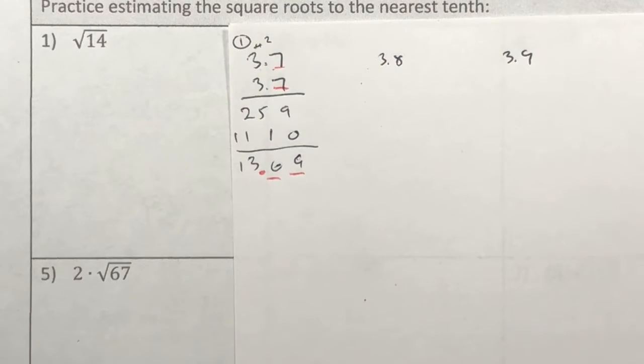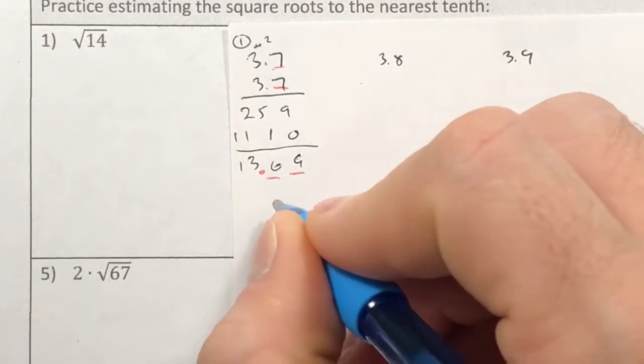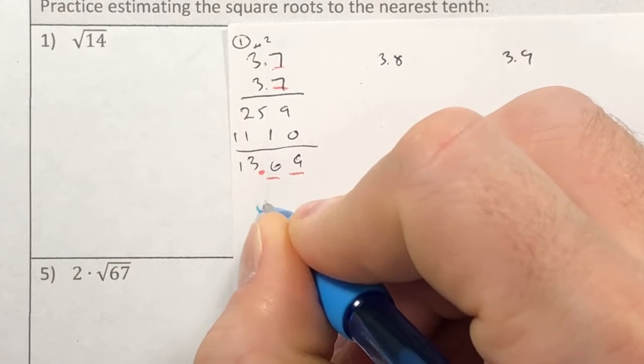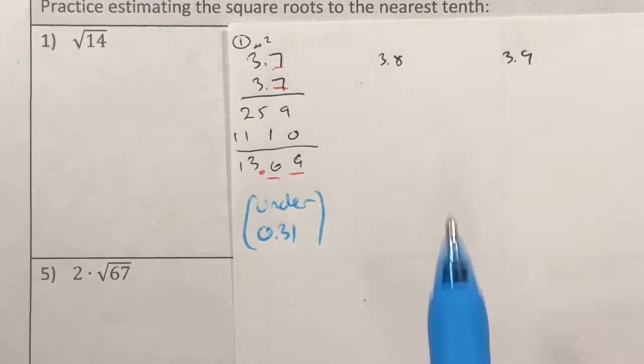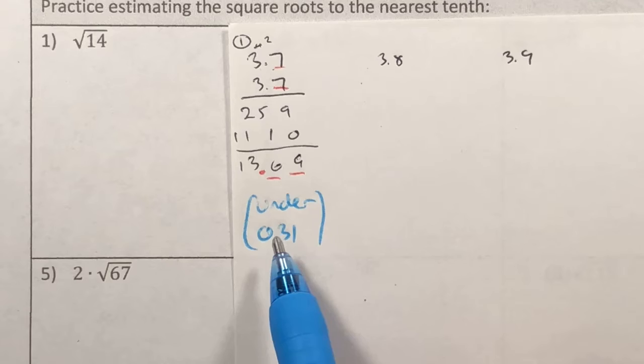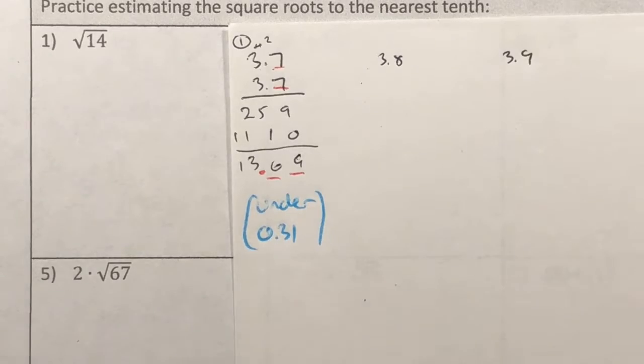So my 13.69, as compared to the square root of 14, I'm a little low here, and I am under by 0.31. And I'm going to see if these are a little closer. Well, now if this is under, that means I need to move up. So I'm going to try 3.8 and see how that is as a guess.